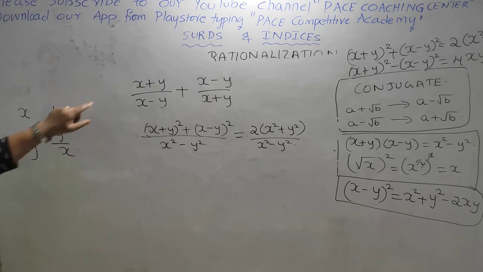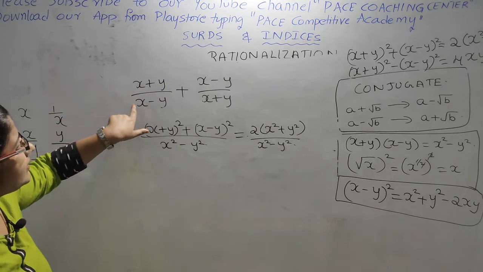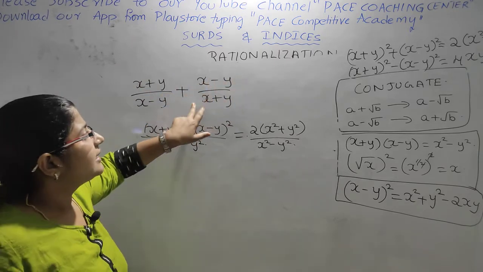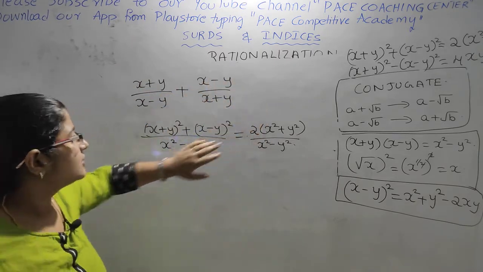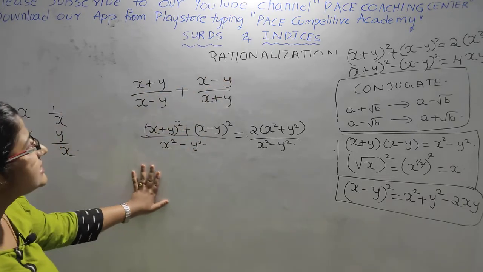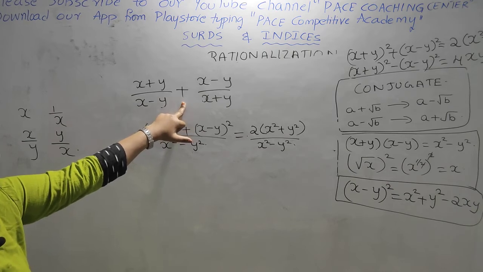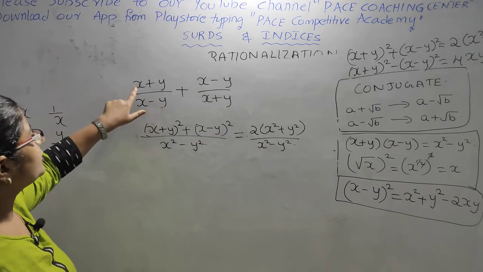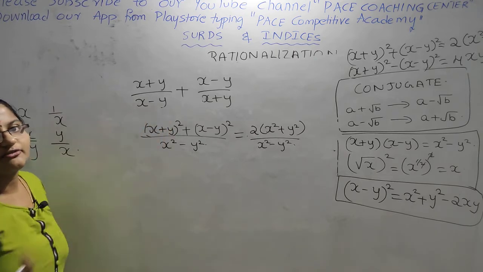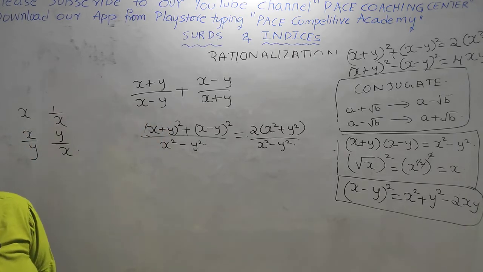So if (x plus y) by (x minus y) is given, the reciprocal is (x minus y) divided by (x plus y). If such questions are asked, and in between plus is there, the resultant is 2 into (x square plus y square) divided by, always, the denominator of the form x square minus y square.